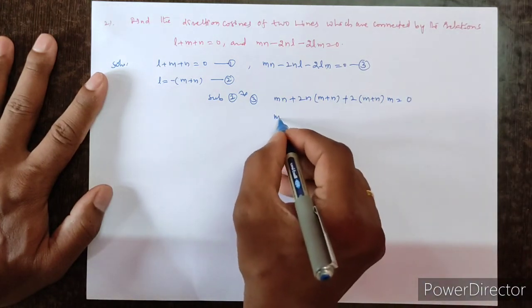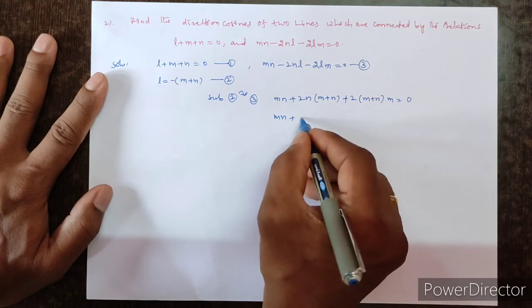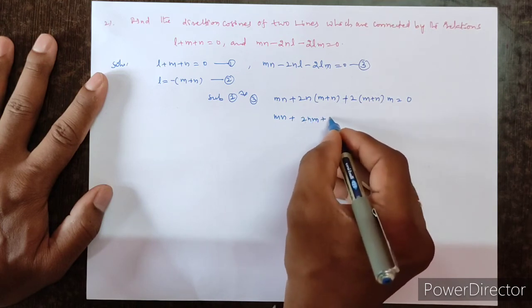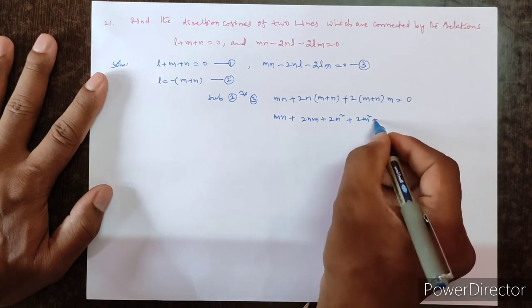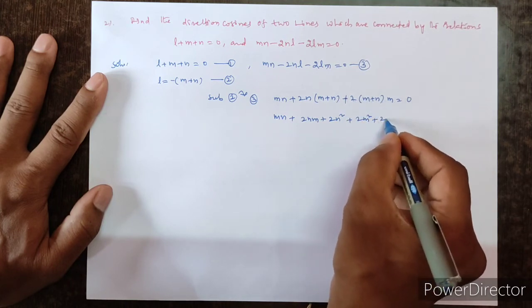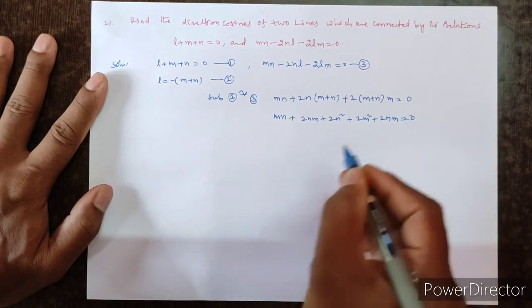So mn plus 2nm plus 2n square plus 2m square plus 2nm equal to 0.